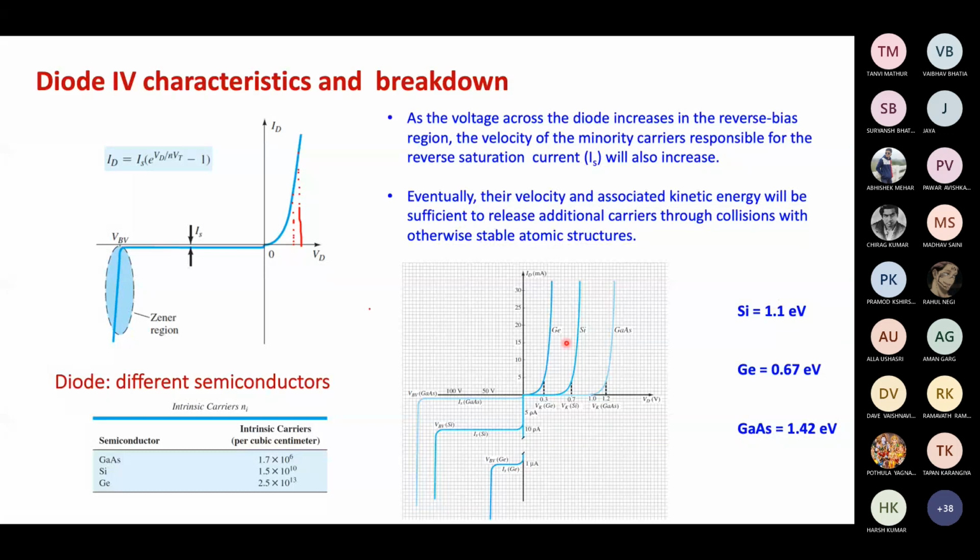As the band gap increases, the IV characteristics also shift towards the right in forward bias and upwards in reverse bias. Okay, is this part clear? If not, please ask questions.